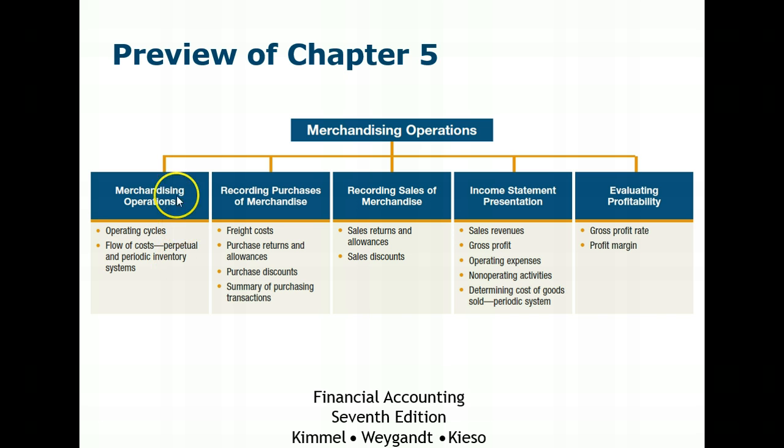So when we're dealing with merchandising, there are two methods that we can use to keep track of our inventory. We're going to talk about that today: periodic and perpetual.